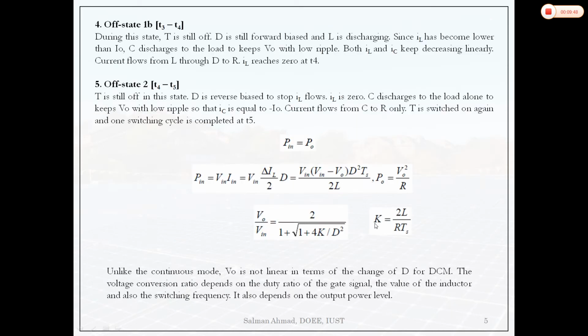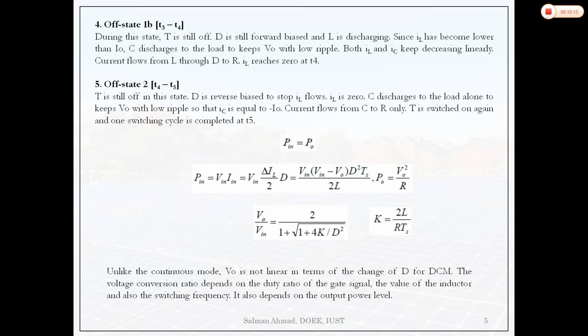Now we can establish the input output relationship by considering that the converter is lossless. So P in will be equal to P O. Input power will be equal to output power. Input power you can see from here that it is V in into I in.